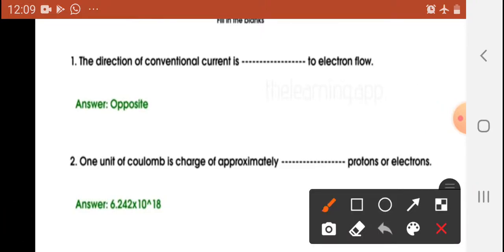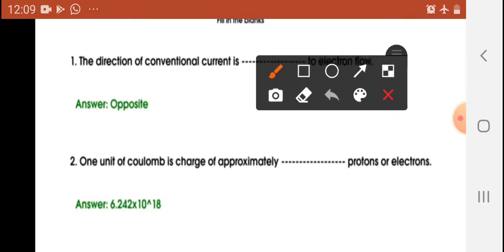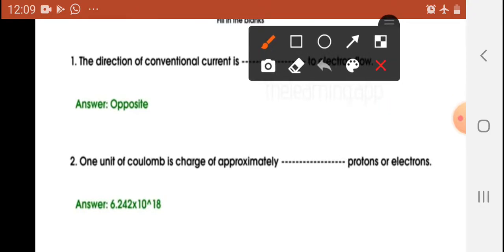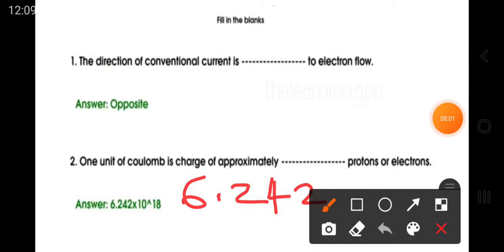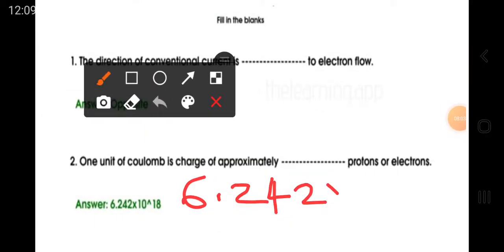Tell me this: 6.242 into 10 power plus 18 electrons or protons. Can you remember?